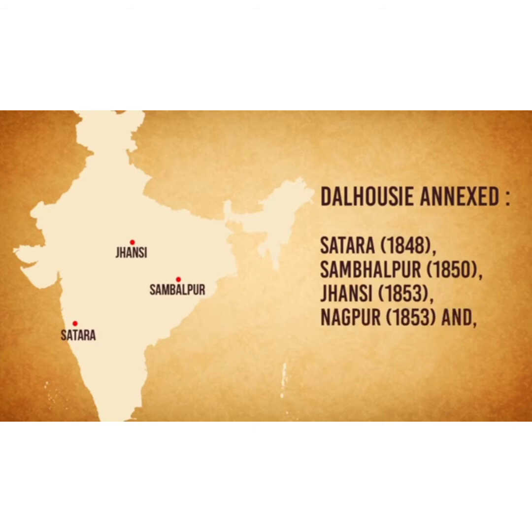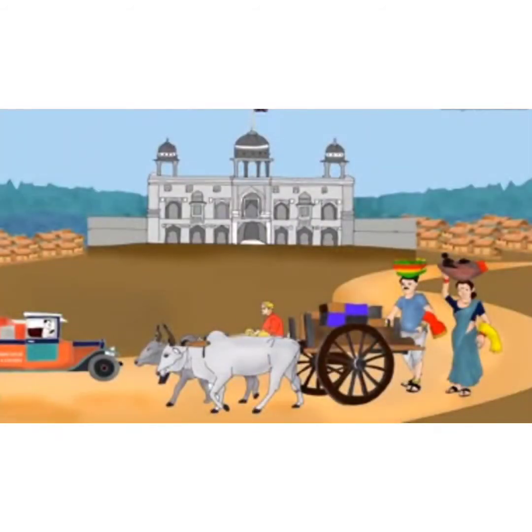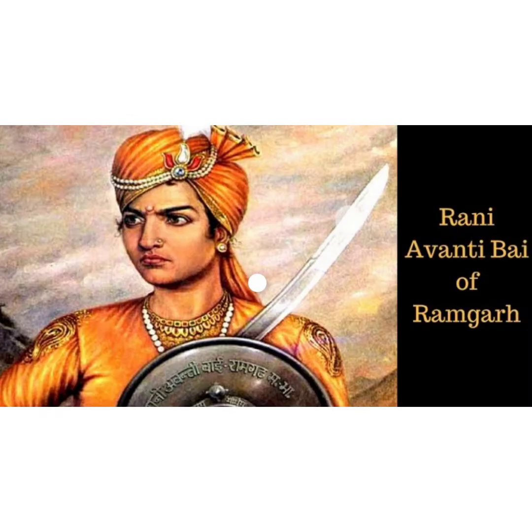The British declared the ruler of Ramgarh in the Mandla region, which is situated in Madhya Pradesh, unfit to rule. They refused to recognize the Queen, Rani Avanti Bai Lodhi, as the legitimate ruler. These events caused deep resentment among the rulers and the people of these kingdoms.